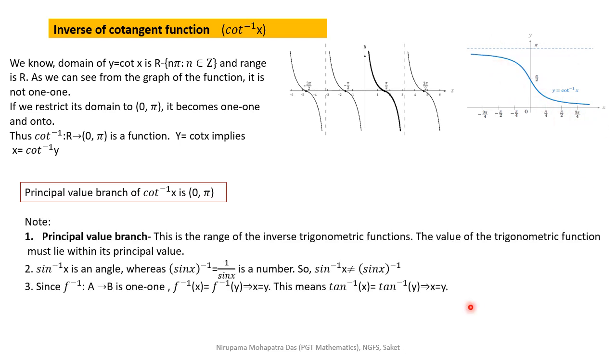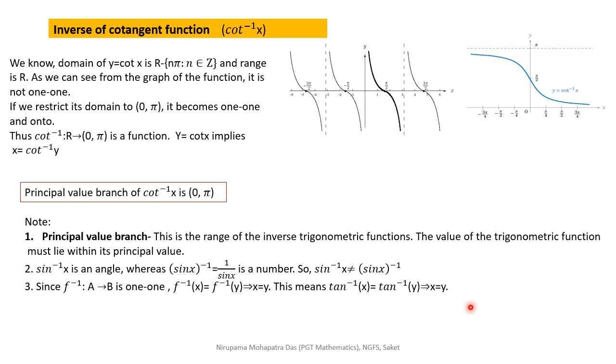Now three things you need to keep in mind. First thing is the principal value branch. So what is the principal value branch? In one way, the principal value branch is the range of the inverse trig function. Or in the other way, the principal value branch is that restricted domain of the trigonometric function in which the function becomes one-one and onto.